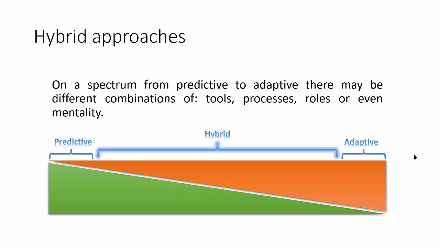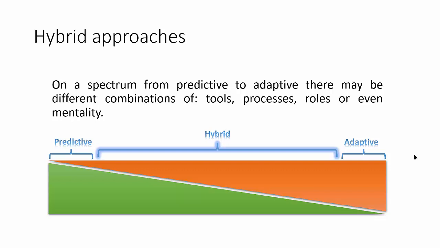The hybrid approaches are there in the middle, where we use a little bit of one or a little bit of the other. And we can be combining the processes that we are using, the tools that we are using, the roles, or even simply the philosophy, the mentality of working. We can be combining different approaches to create hybrid approaches, right? So that's what hybrid approaches means.